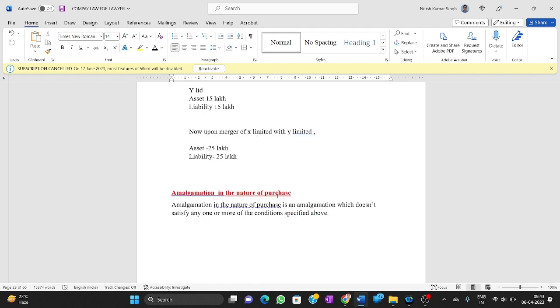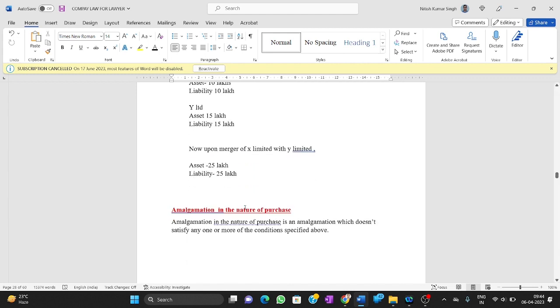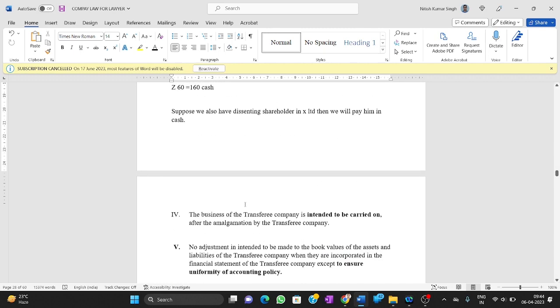Now let's talk about amalgamation in the nature of purchase. Amalgamation in the nature of purchase is an amalgamation which does not satisfy any one or more of the conditions specified below. So if any of the conditions of amalgamation in the nature of merger is not fulfilled, then it will be called amalgamation in the nature of purchase. So let's see this again, amalgamation in the nature of merger.